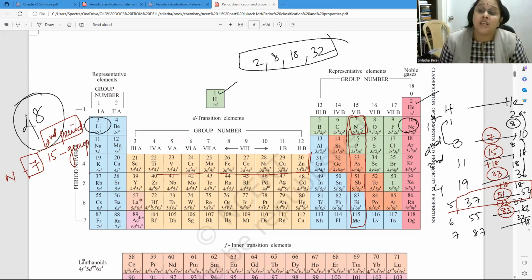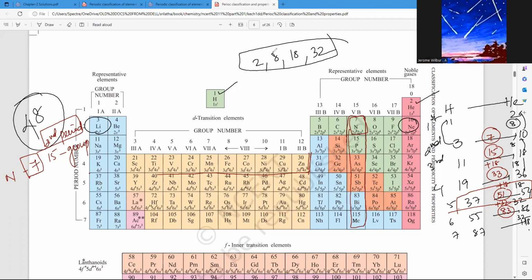So you can subsequently use these magic numbers 2, 8, 8, 18, 18, 32, 32 to generate the atomic numbers of the remaining elements in that particular group. That's the magic. Clear? Is that understandable?